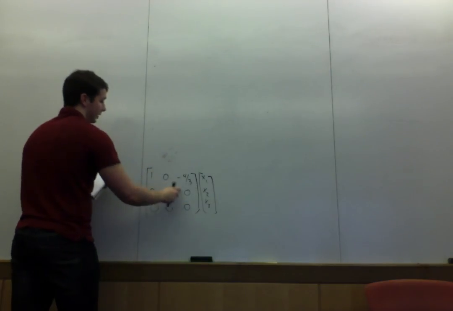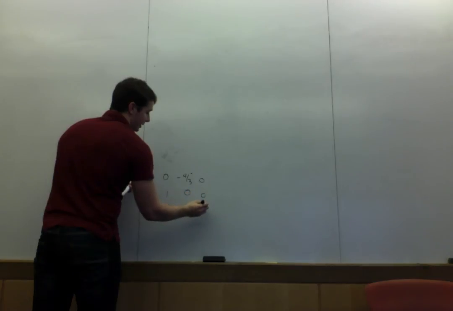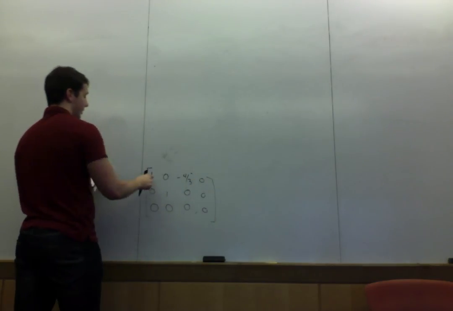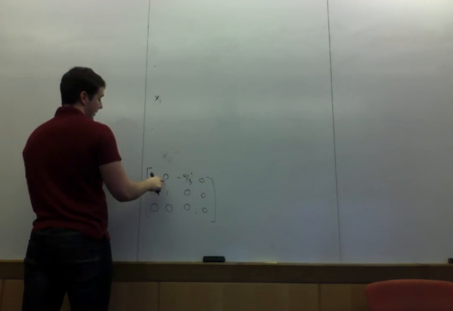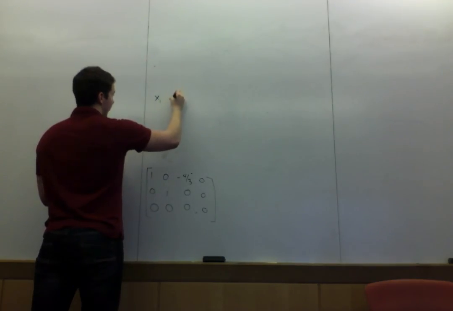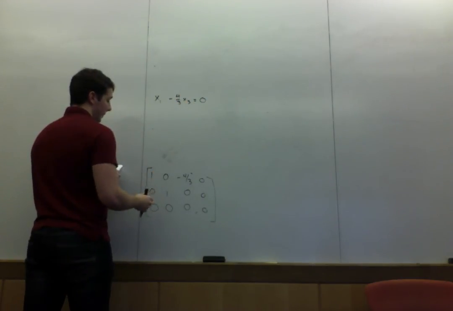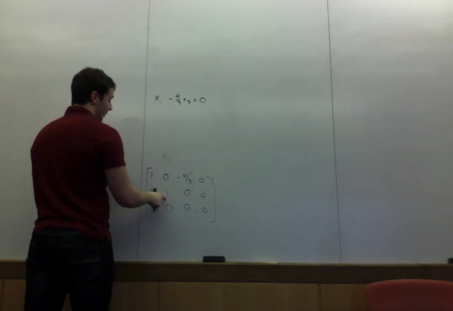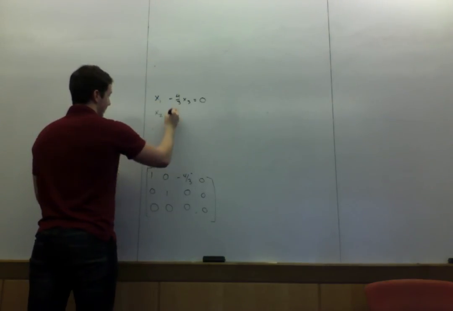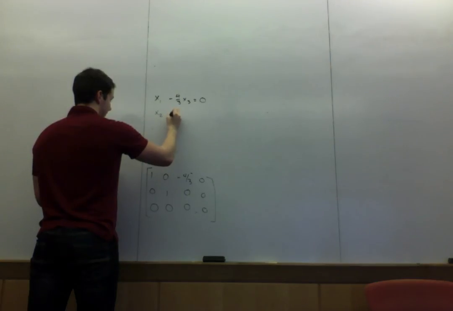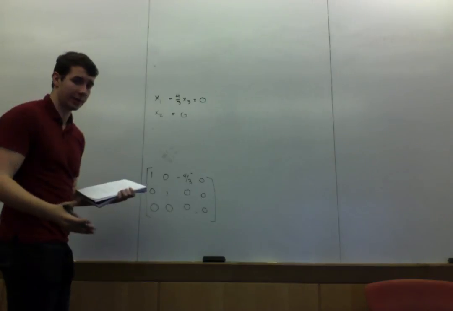We can read off from here, with the augmented matrix still here, a system of equations. We have x1 plus 0 times x2 minus 4/3 x3 equals 0. Here we have 0x1 plus 1 times x2 plus 0x3 equals 0. And that's really all the information we have.